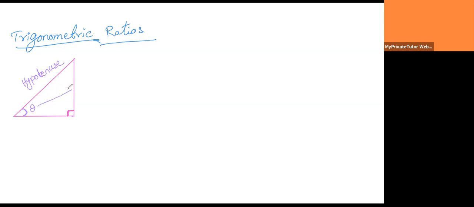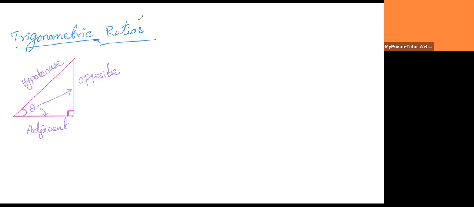See, this is the angle, and this side is the opposite one. So this side is called the opposite side. Okay, and the adjacent, which means the side adjacent to the angle. So please let me know, guys, if you have any questions in this.